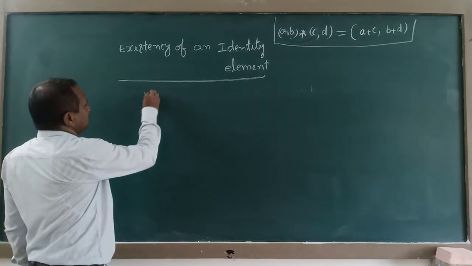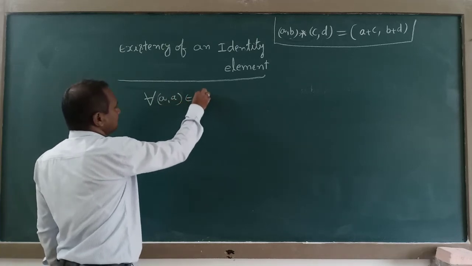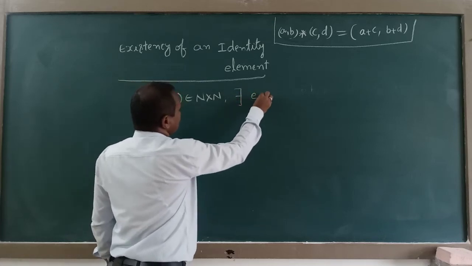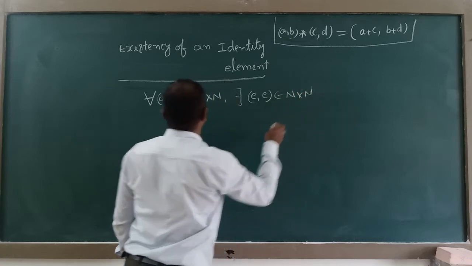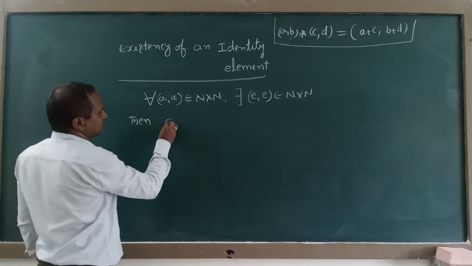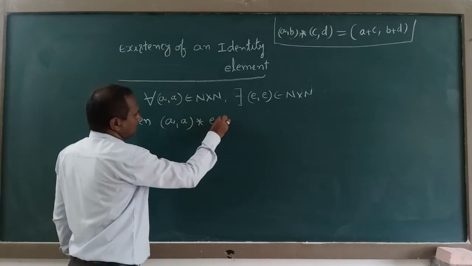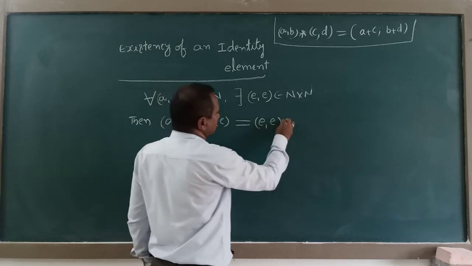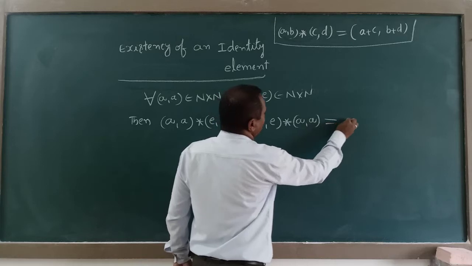For all A comma A belongs to n cross n, there exists E comma E belongs to n cross n. Then, definitely, this formula must hold, that is A comma A star E comma E is equal to E comma E star A comma A is equal to A comma A.